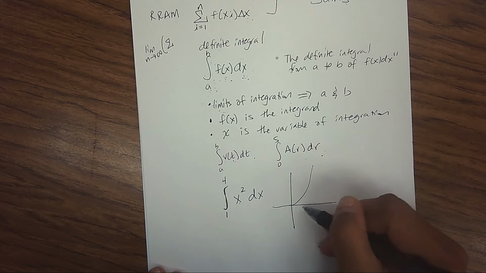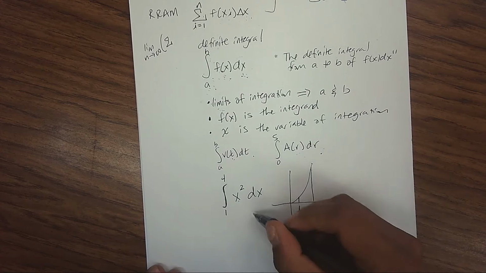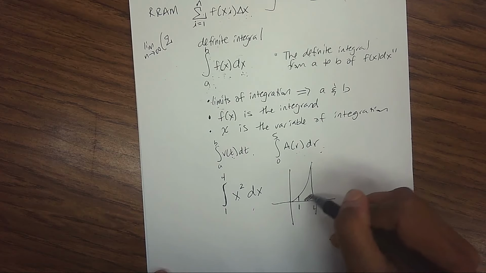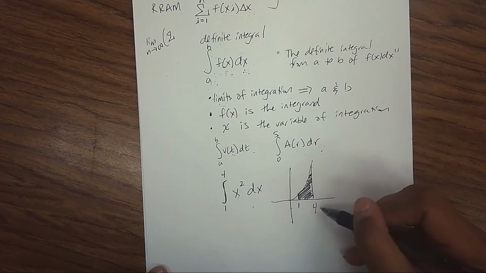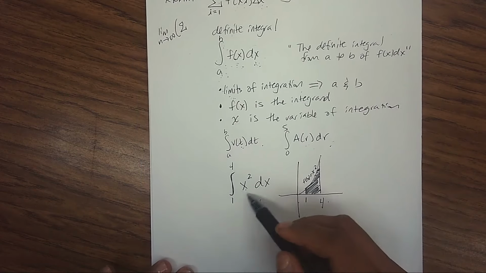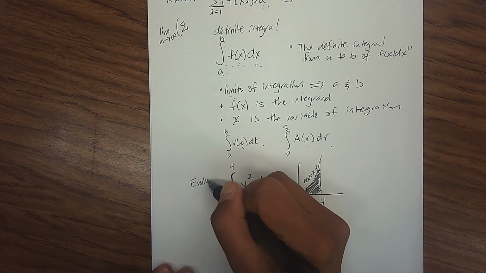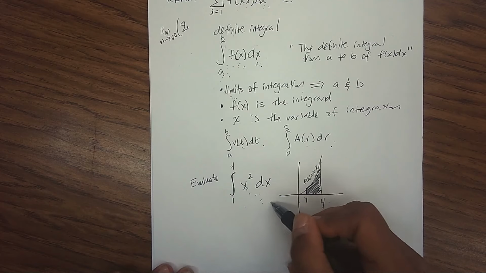Here's my x squared. I'm going to eyeball 1 right there, 4 right there. This represents the exact area from 1 to 4 where the function is x squared. This is what this integral represents. So if it says evaluate, it says evaluate this integral.